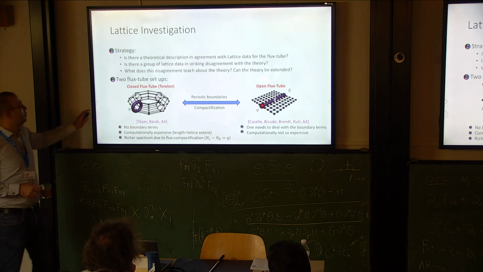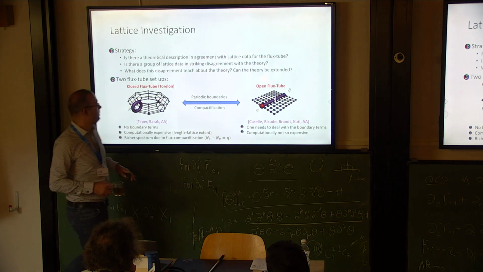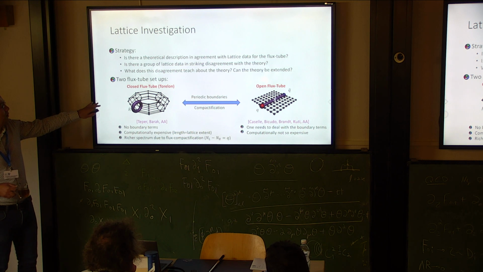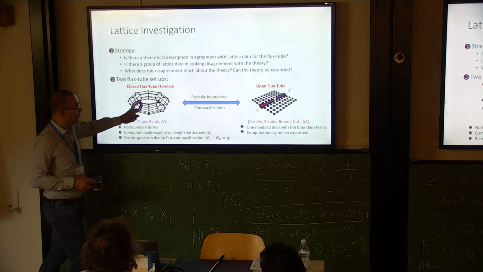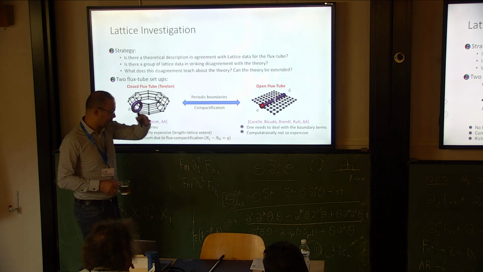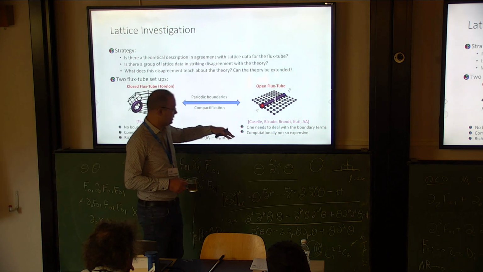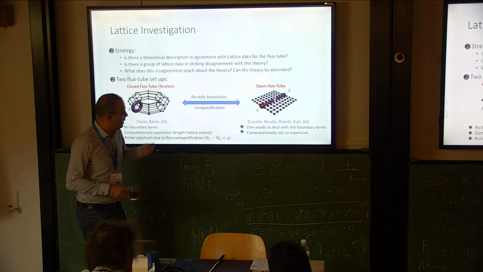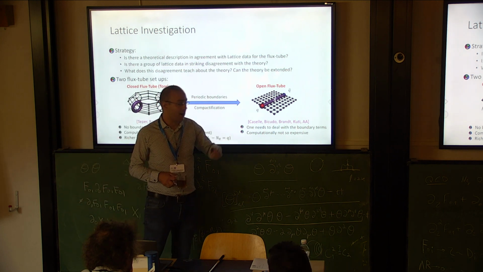And there are actually two different setups. One can investigate on the lattice the so-called closed flux tube, or torelon, where we have provided a lot of information so far, and the open flux tube, where our colleague Michele Caselle has provided an enormous amount of information, especially for the ground state.